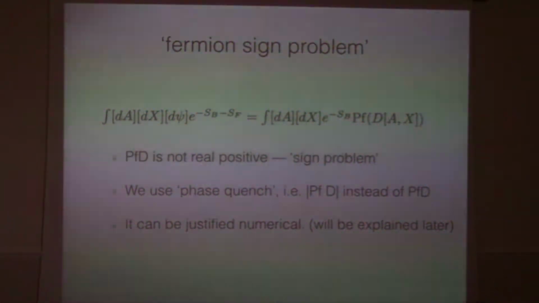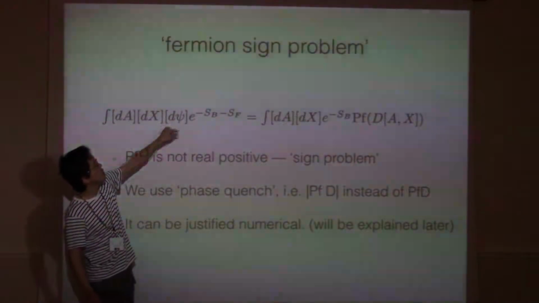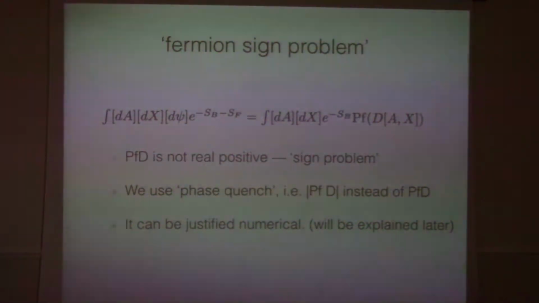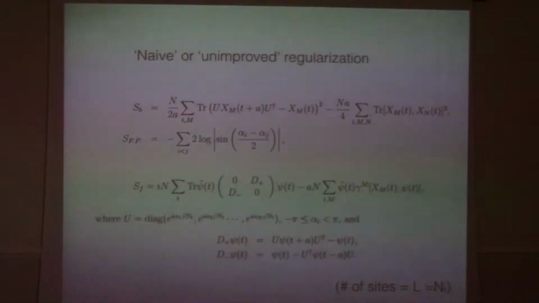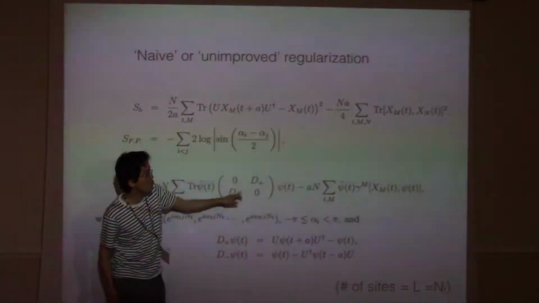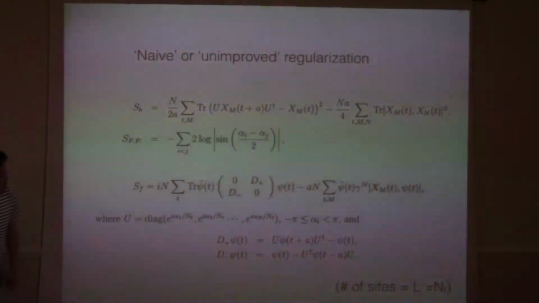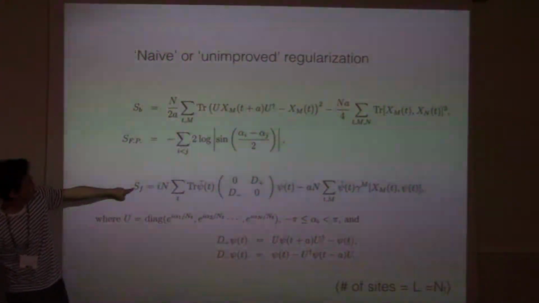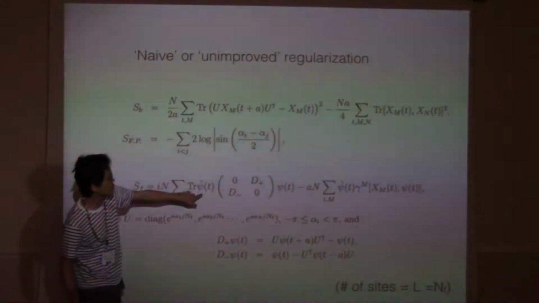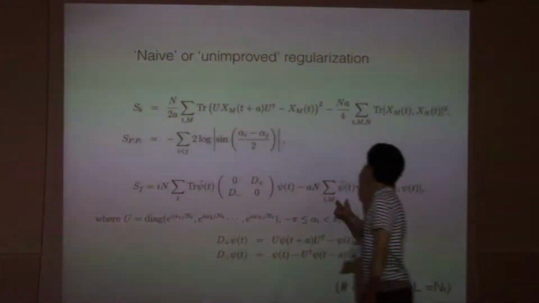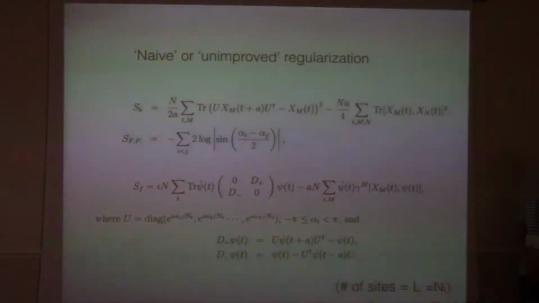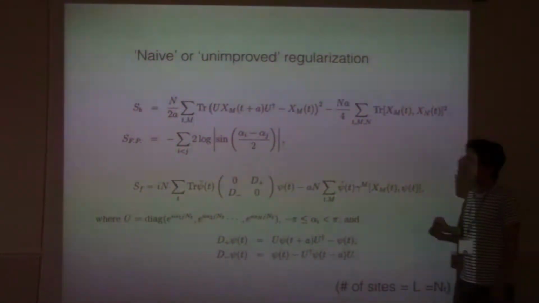And this theory has a fermion sign problem, in the sense that we integrate out the fermion psi, which is in this action. Let's write S_F, which is bilinear with respect to psi, as psi D psi.